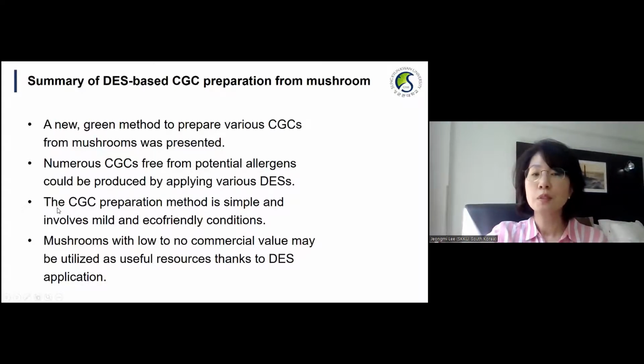The presented method is simple and involves only mild and eco-friendly conditions thanks to the use of DESs. And lastly, we suggest that mushrooms having no or almost low commercial value could be utilized as useful resources when we apply NADESs to prepare chitin-glucan complexes.